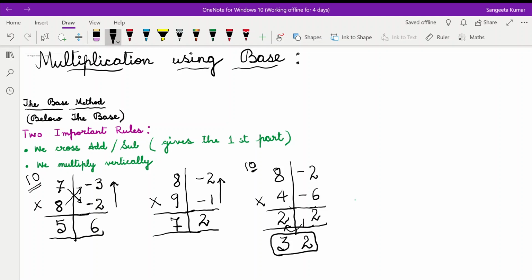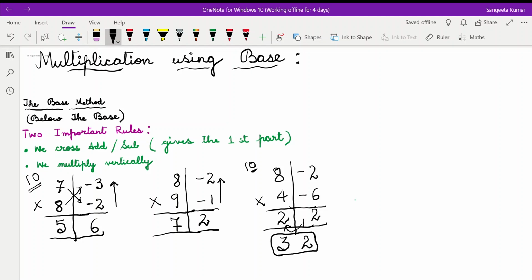Please see here, besides these two rules, we cross add or subtract and we multiply vertically, the third rule is the placement rule. If the base has a single zero, then only a single digit will come in the second part of our answer.